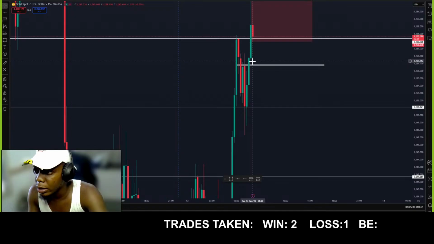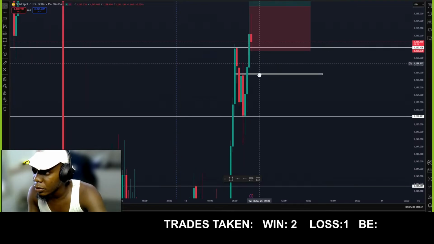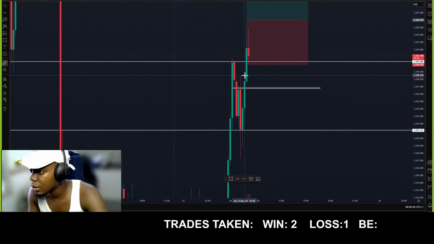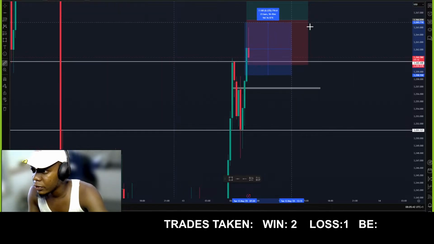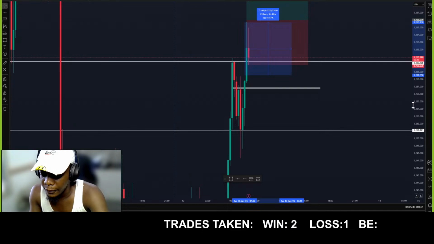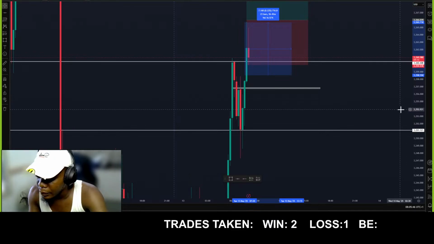But I never got that retest structure. It just started pushing upward. So I'll wait for the retest, then I'll buy above this level for price to continue. And from that exact level, price moves over 70 pips. So that was it.